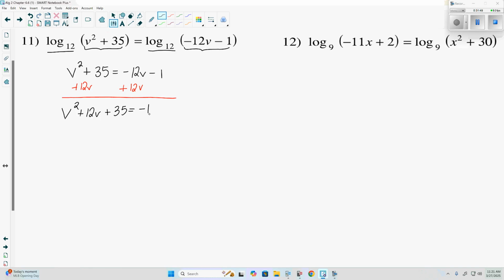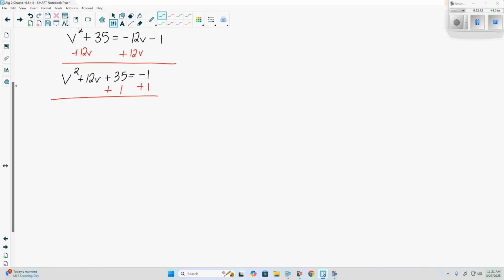And yes, I did for some reason write x on the note sheet instead of v. But the result is still the same. Now at this point here, the equation isn't equal to 0, so we need to add 1 to both sides. It'll tell us that v squared plus 12v plus 36 is equal to 0.